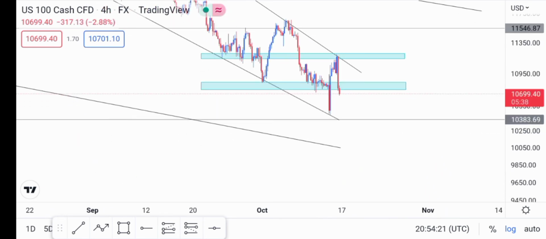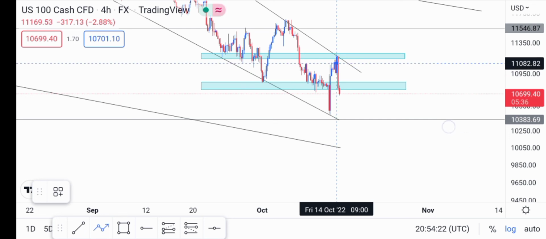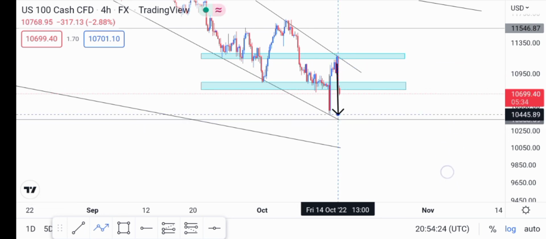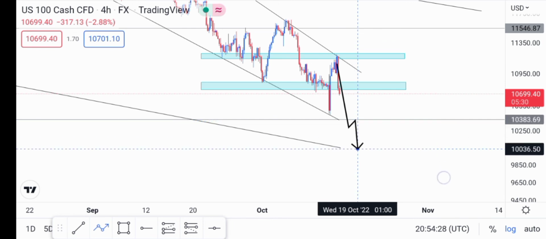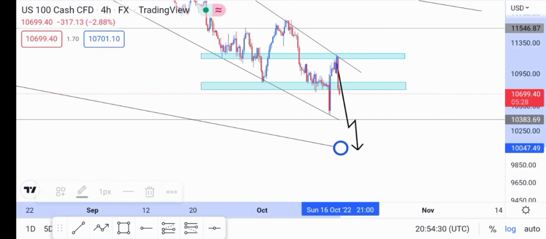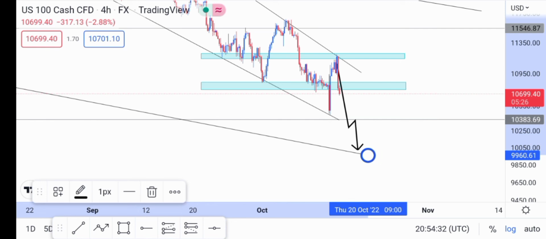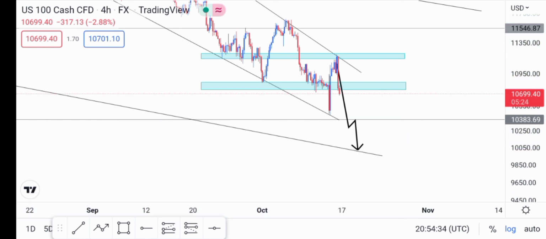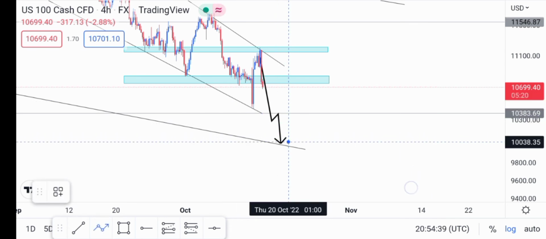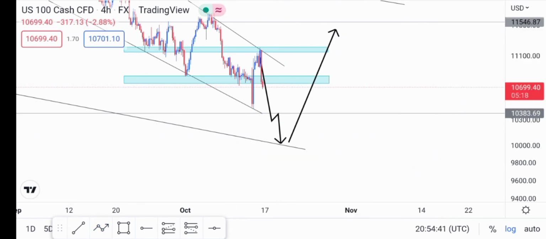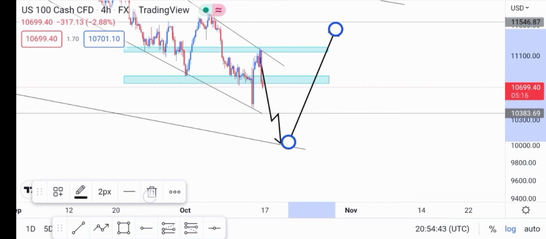So currently the movement I'm expecting on NAS100 will be this kind of movement, a little bit of a gap right over here, retest, and a touch on this trend line here. Then from that point we'll know we could change the direction to the buyer side, but for now we are still on the selling point.